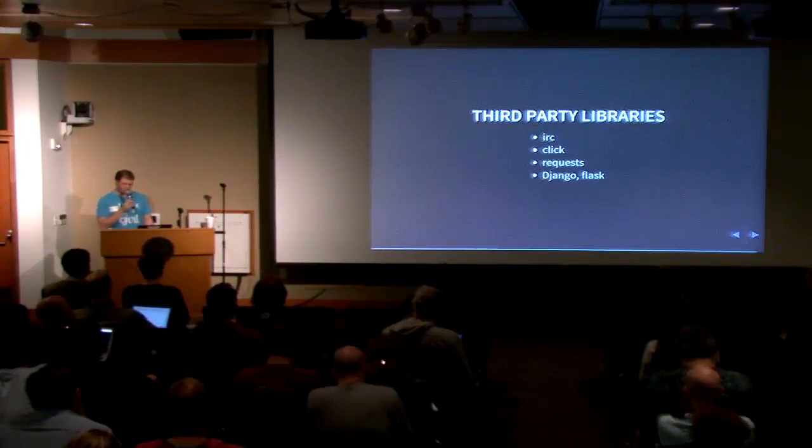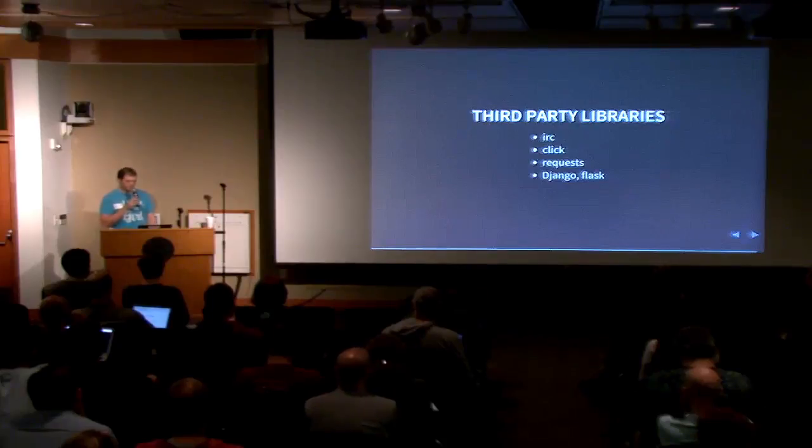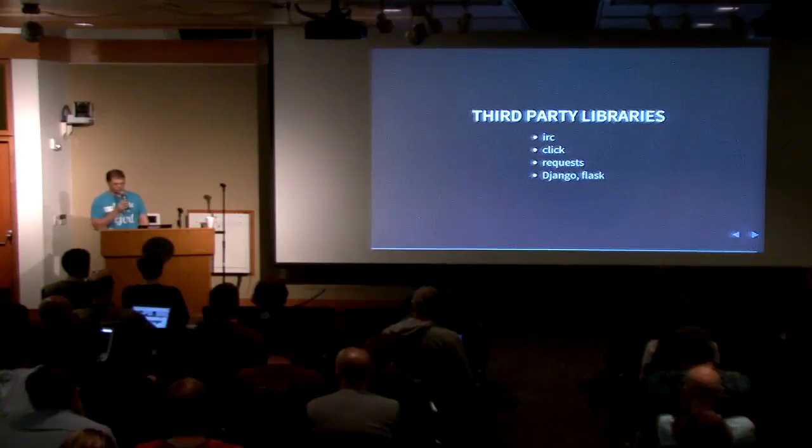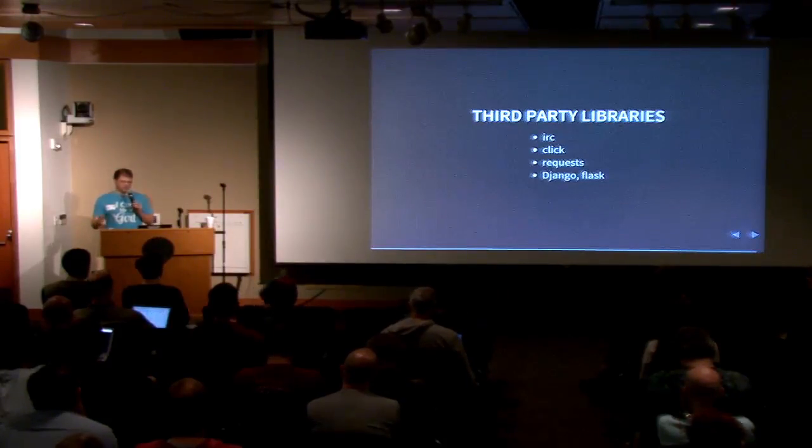I think everyone knows that you should just use requests instead of trying to use httplib or urllib or urllib2 or urlparse or urlparse2. You just use requests. And instead of the BaseHTTPServer or SimpleHTTPServer, you can just use Django or Flask. There's a lot of really good things out there in the third-party module system.